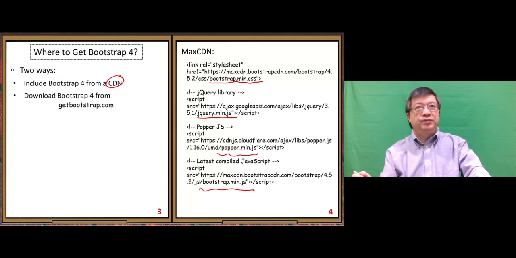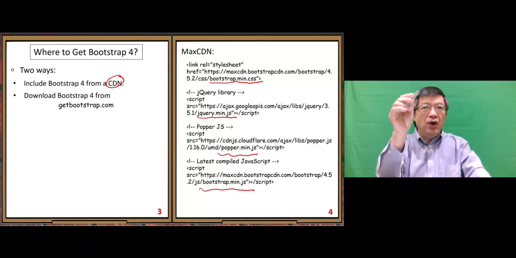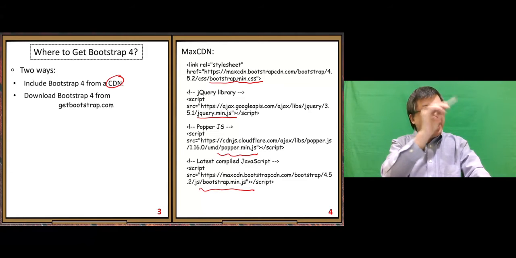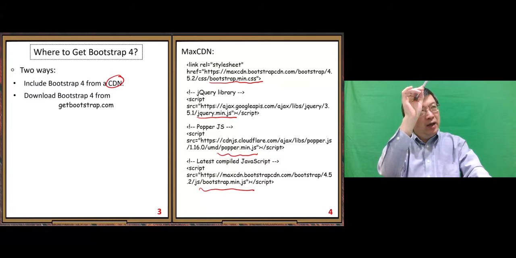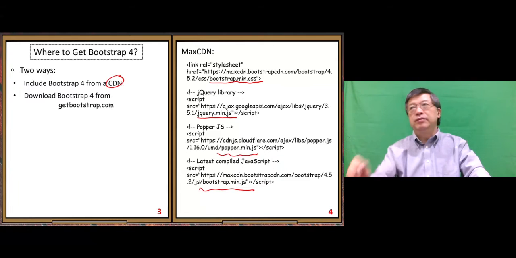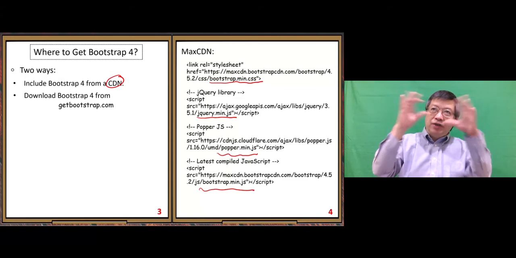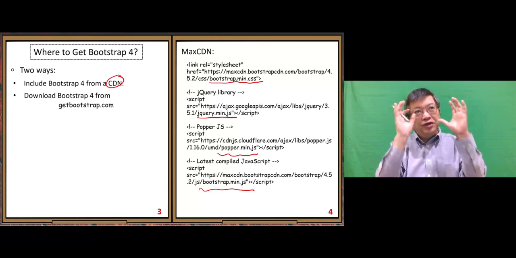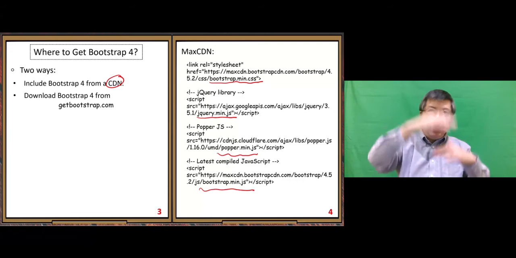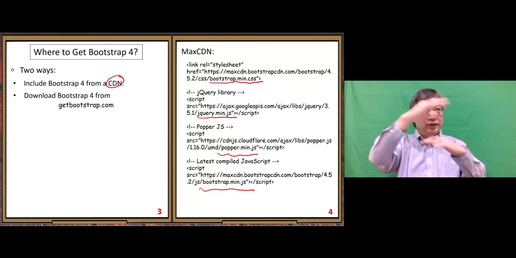Another way is to include it in your web applications directly. You go to the website and download the most recent version. It is a zip file. After you unzip it, there are several folders.